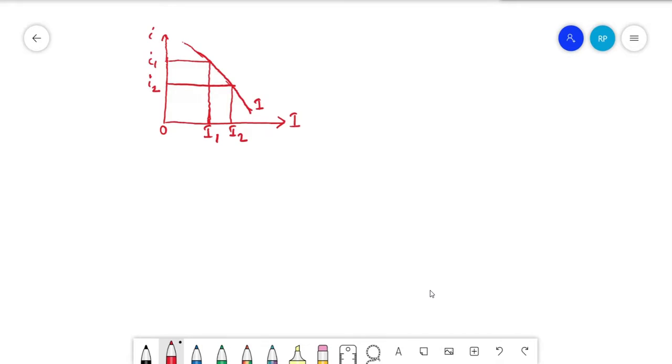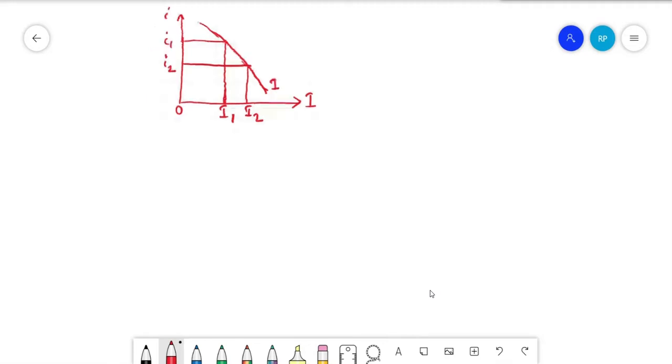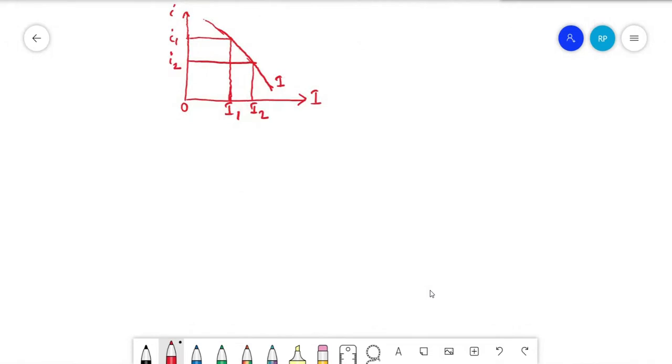When you are getting this relationship, you are assuming all other things remain the same. So exactly you cannot say, but you can say that if there is a change in interest rate, then there will be a change in income. When you are drawing the diagram, you can take a straight line or a curve. There is no issue. The relationship should be negative.